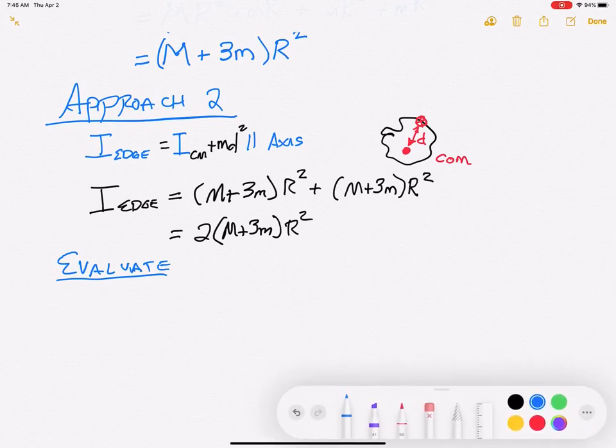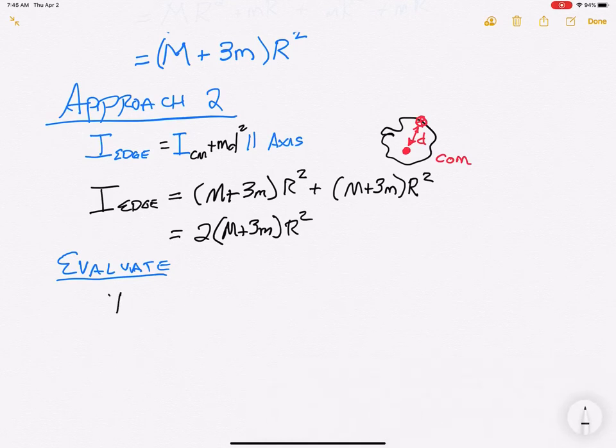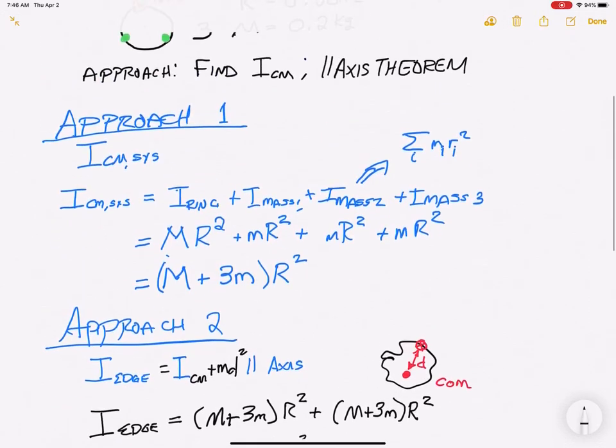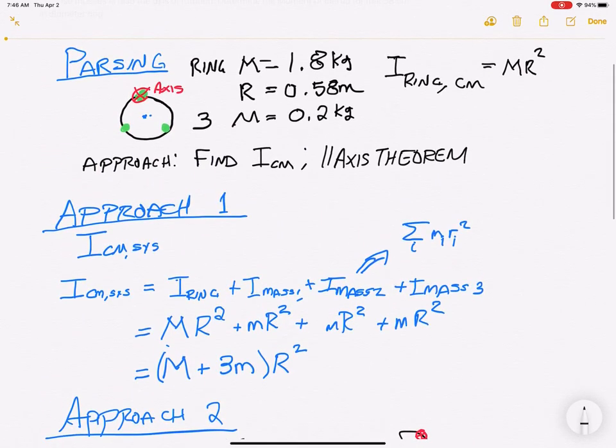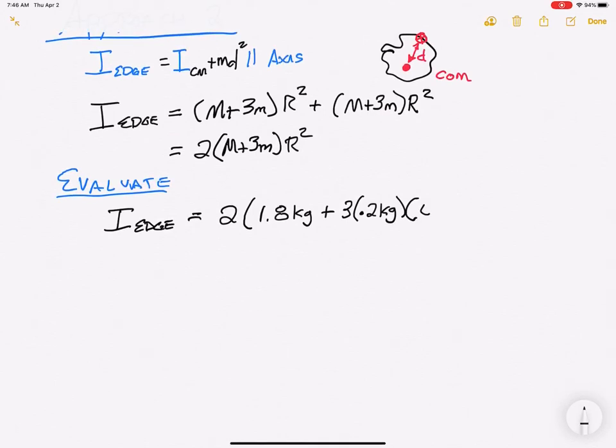Since we really have one equation that we've been working forward, let's set this to I at the edge to 1.8 kilograms plus 3 times 0.2 kilograms, and our radius, which I forget, the radius of the ring is 0.58. So 0.58 meters squared.